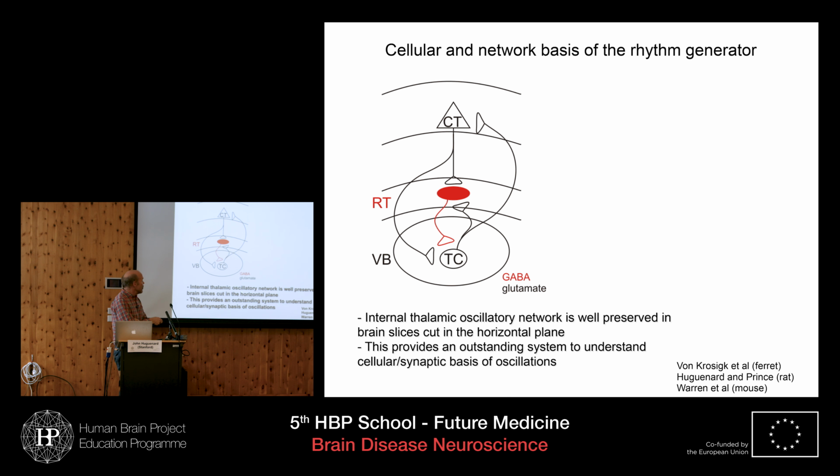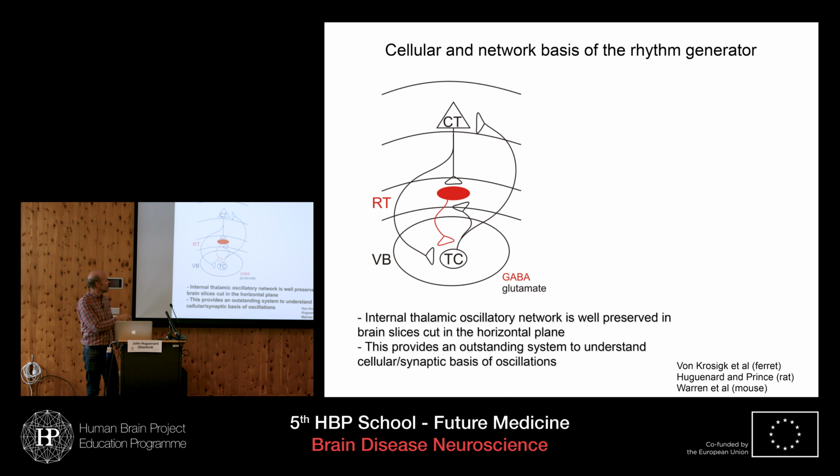This internal thalamic oscillatory network is well preserved in brain slices from mouse, cats, ferrets, and rats. The orientations are different, but all you need to maintain the thalamic recurrent circuitry is to keep this axon intact and this axon intact.